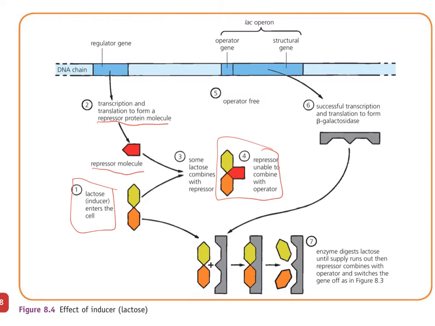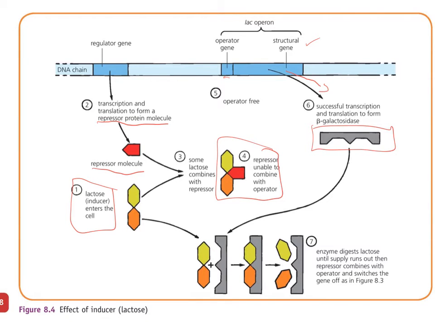Now because the lactose is combined with that, the repressor molecule is no longer able to connect up here to the operator gene. So the operator is left repressor molecule free. And the operator gene will switch on the structural gene here. And so you get this gene switched on, so you get transcription and translation to form the enzyme beta-galactosidase.